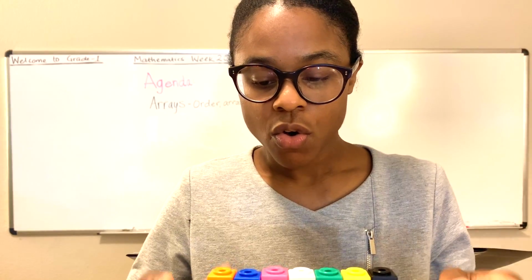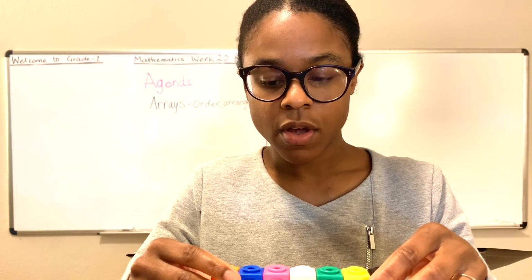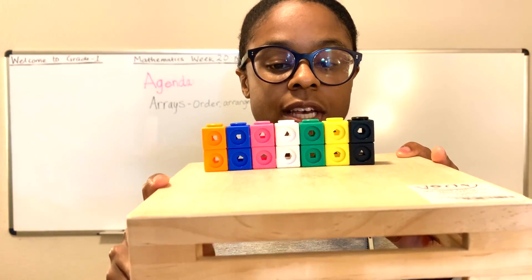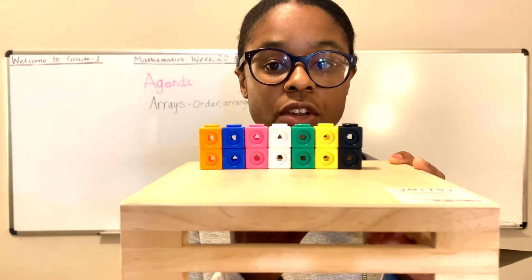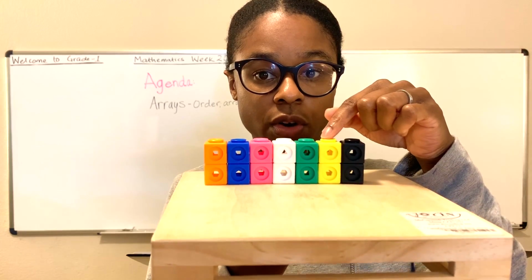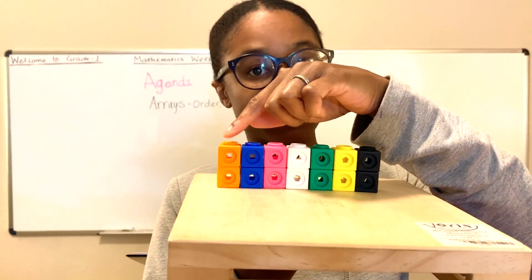Okay. By the way, before we go further, 2 times 7 is 14. You can figure that out easily just by counting: 2, 4, 6, 8, 10, 12, 14.